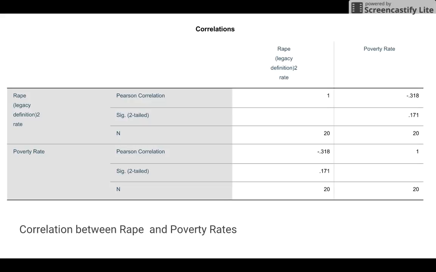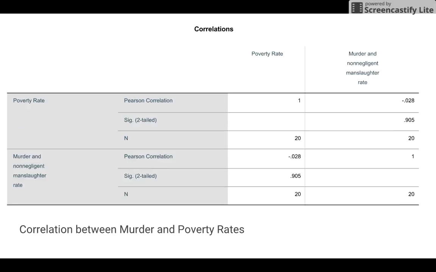There still is a little bit more of a correlation between the rape rate and the poverty rate versus the murder rate here, which is 0.905.